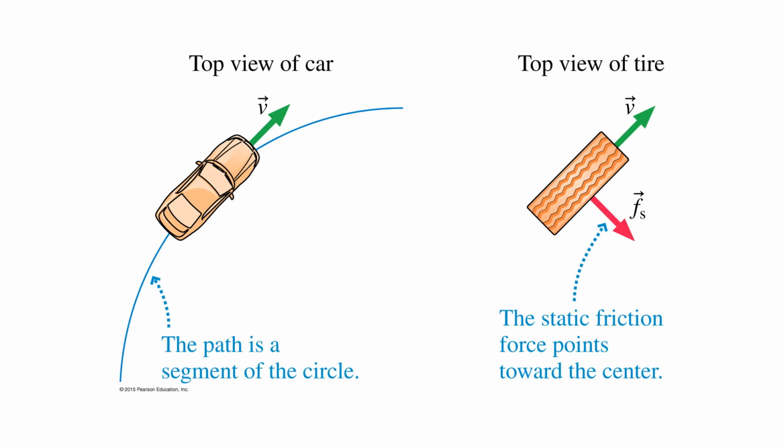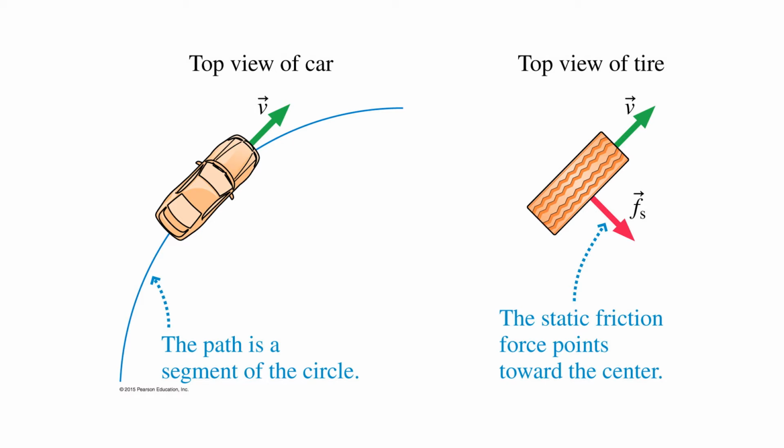All right, if you have a car turning at all, basically that turn can be thought of as a segment of a circle, and the static friction of the car is the friction, because as the car is turning, the car wants to keep going in a straight line, and so there's friction that keeps the car from skidding out.